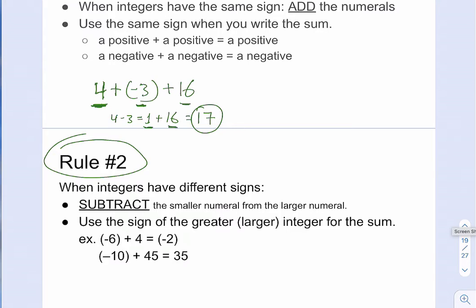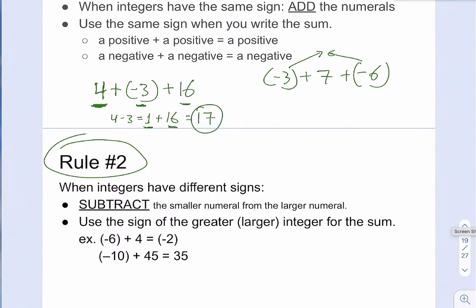Now, grouping is another way you can do this. Let's say that I have -3 plus 7 plus -6. On this one, because we're adding, we can jump out of order if we want. So we can group these together. I have a -3 and a -6.